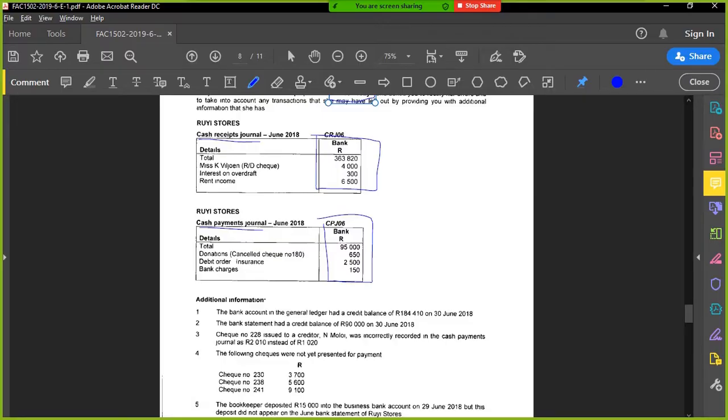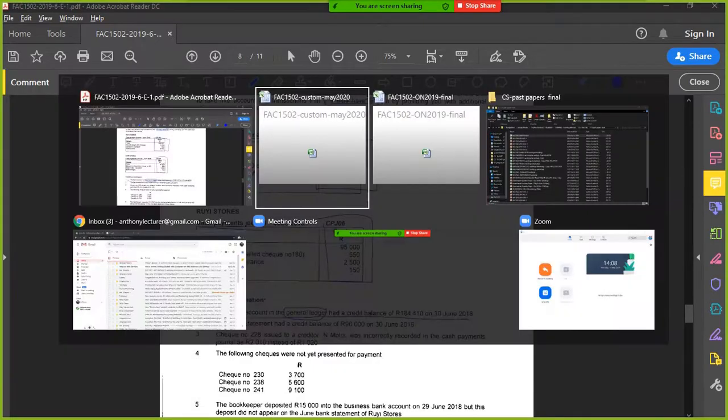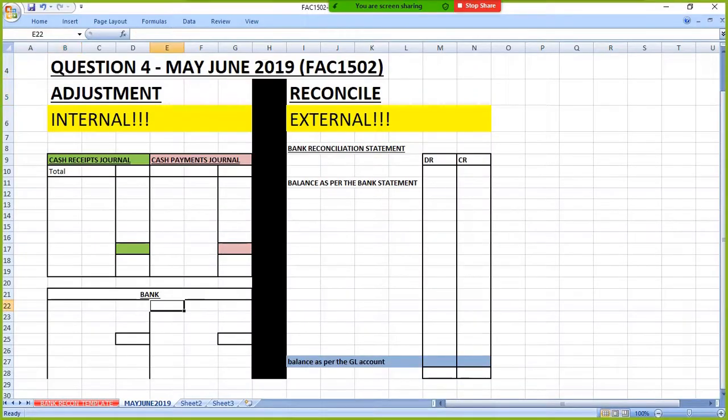Other information. The bank account in the general ledger had a credit balance. That's easy, okay? Bank general ledger credit balance 184,410. Okay, it's a credit balance. Let's just check.